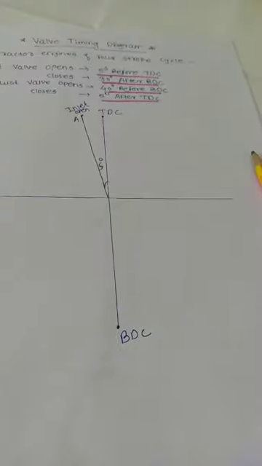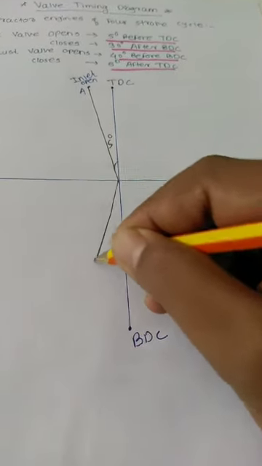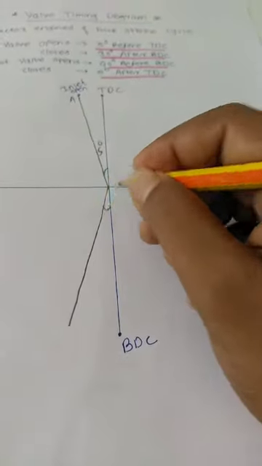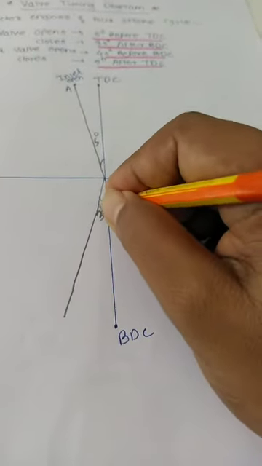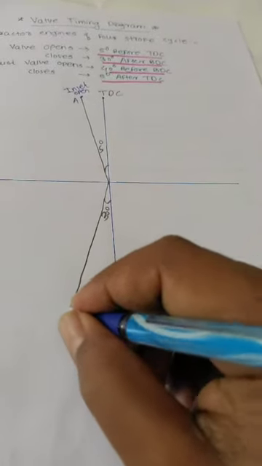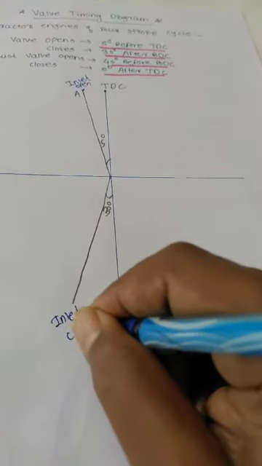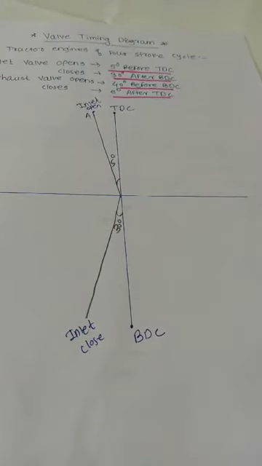That's why we will mark our next angle in this location, 30 degree after BDC, and this point is called inlet close. The inlet valve will close here.